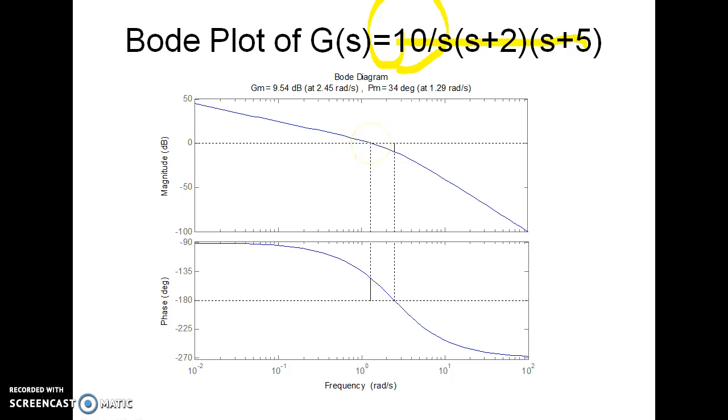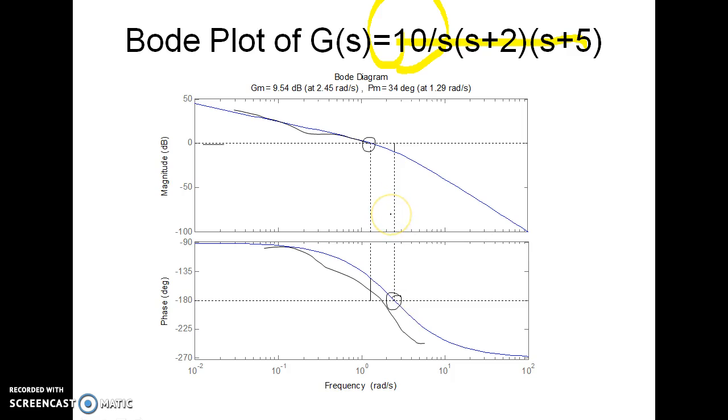So what is GCF? GCF is the frequency at which the magnitude plot crosses or intersects 0 dB. Similarly, the PCF is the frequency at which your phase plot, here you can see this is the phase plot, intersects minus 180 degrees at this frequency.